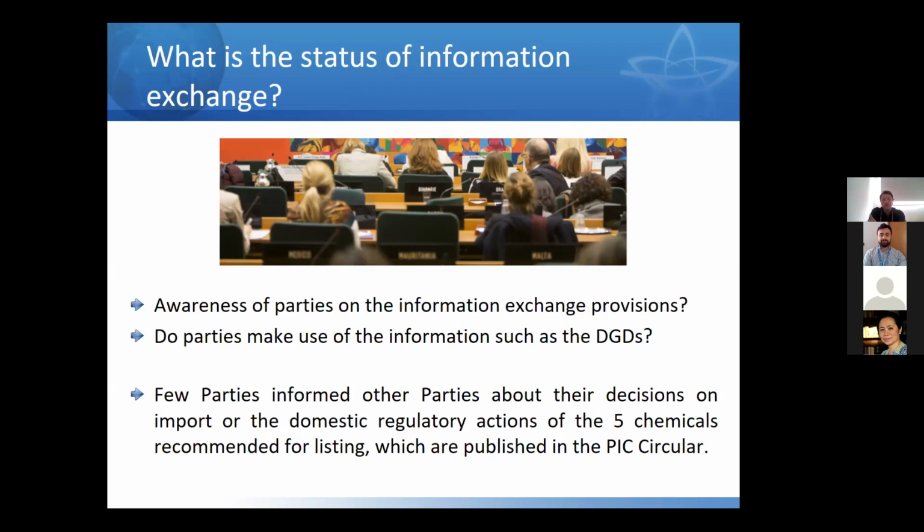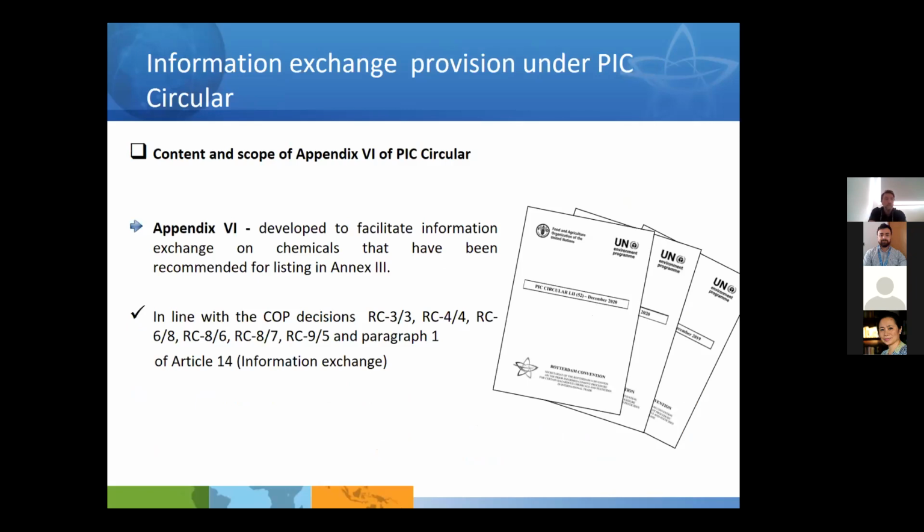So we are aware that only few parties are informing other parties about their decisions on import or domestic regulatory actions for these 5 chemicals. And the small information that is available is actually already incorporated into the Appendix 6 of the PIC Circular.